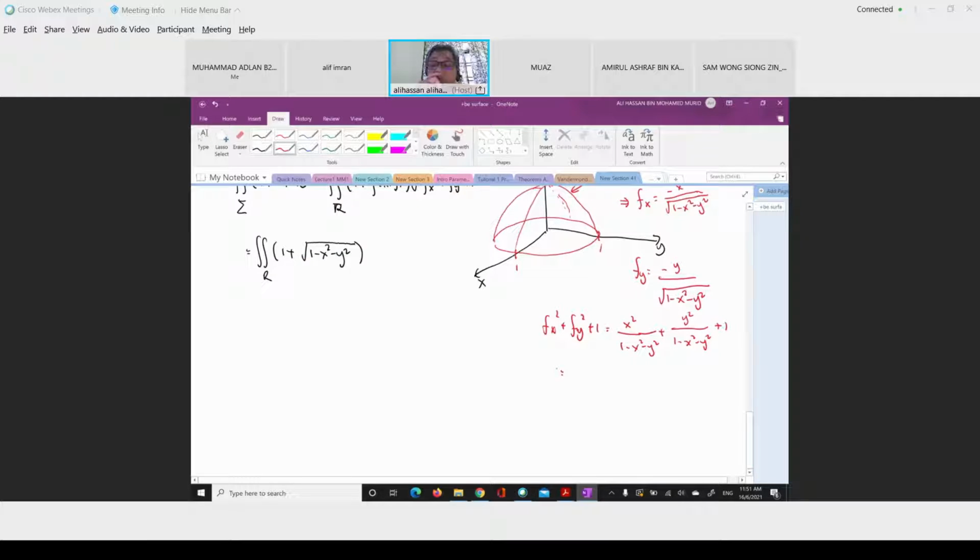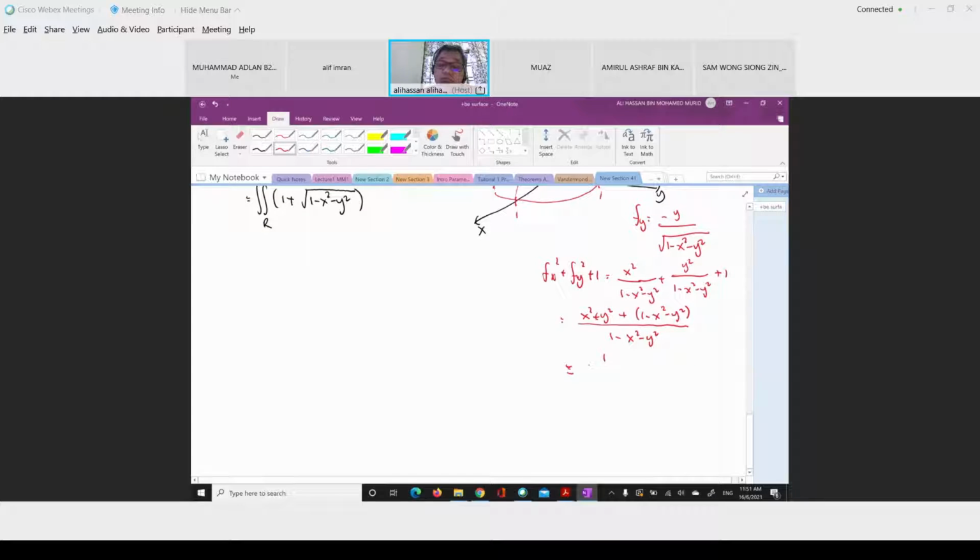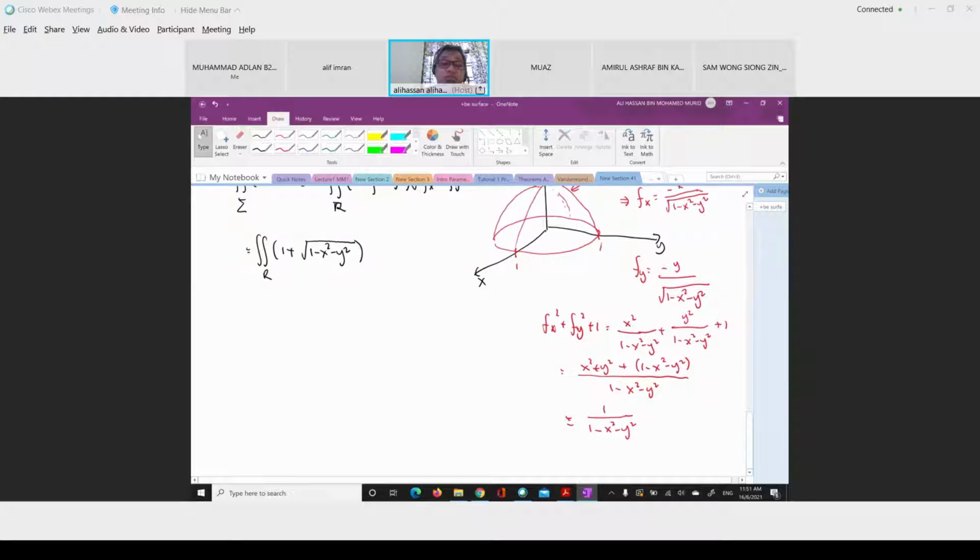If we write this as one summation, we get x squared plus y squared plus 1 minus x squared minus y squared, everything divided by 1 minus x squared minus y squared, equal to 1 over 1 minus x squared minus y squared. So that is under the square root.